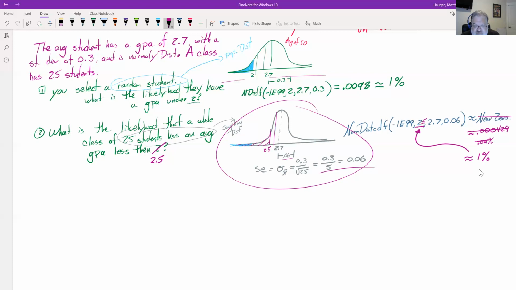If only we had some sort of inverse normal tool. Inverse norm. And we gave it the probability, right? And then the mean and the standard deviation, but because we're asking this question in the sampling distribution, we give it the standard error.